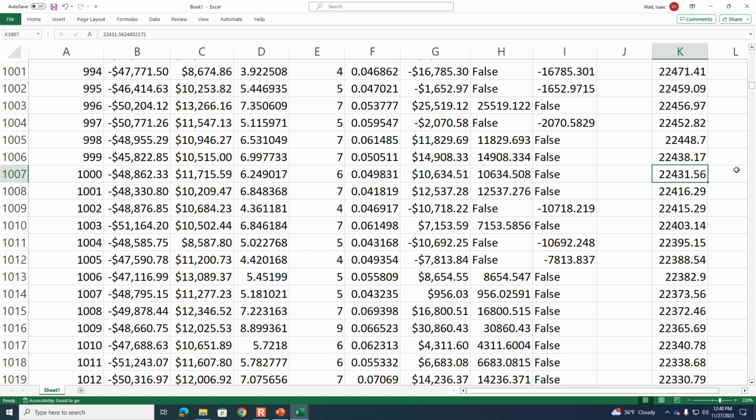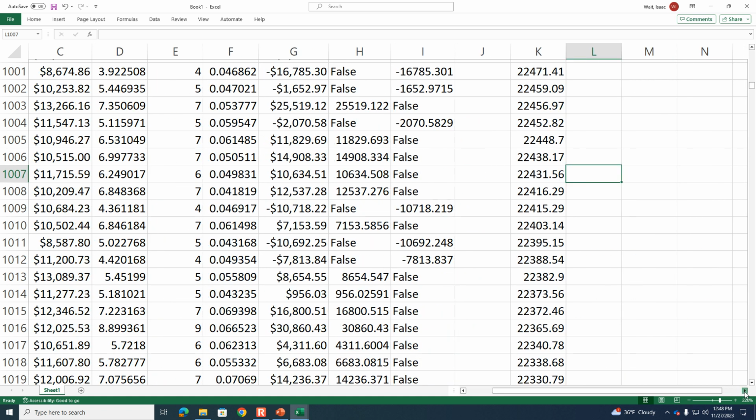22,431. So what I would say is 10% of the values are greater than this. 90% of the values are less than this. And so we only have a 10% chance of making 22,400 or more. We've got a 90% chance of making 22,400 or less.